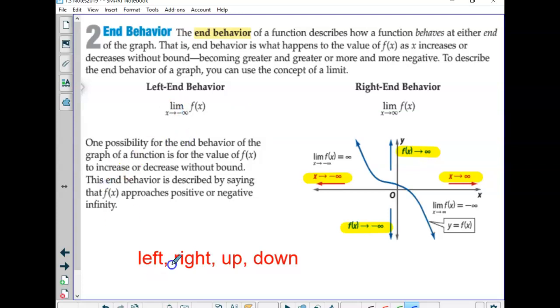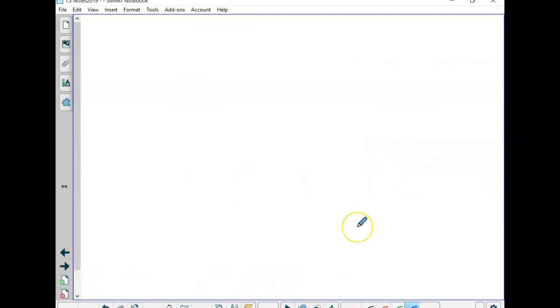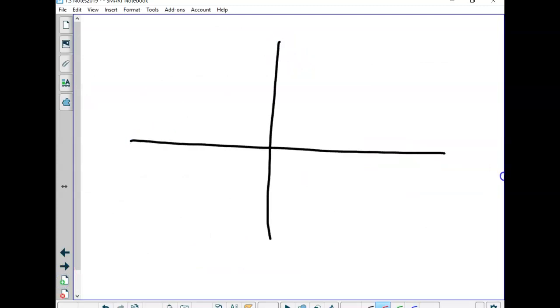Okay, I need everybody's focus because this is notoriously bad for students. If I have this coordinate plane, when I say to the right, is that an x or y kind of a number? X. So going off to the right forever would mean x would be approaching positive infinity. If I want to do this, up, what is up?